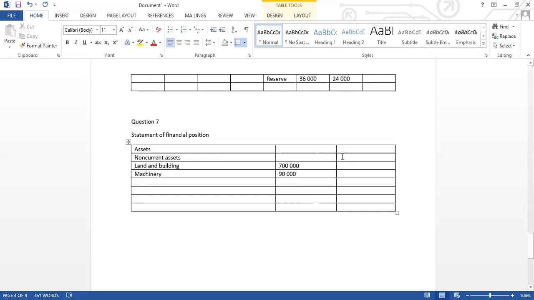So what is our total non-current assets there? We have 790,000, right? Okay. And then from 790, we move on to our current assets.